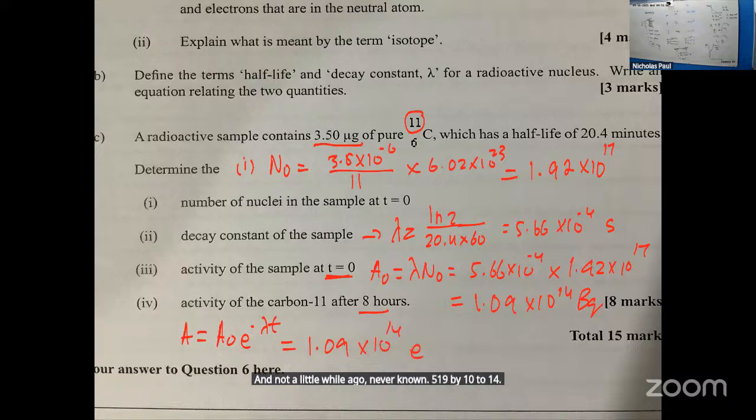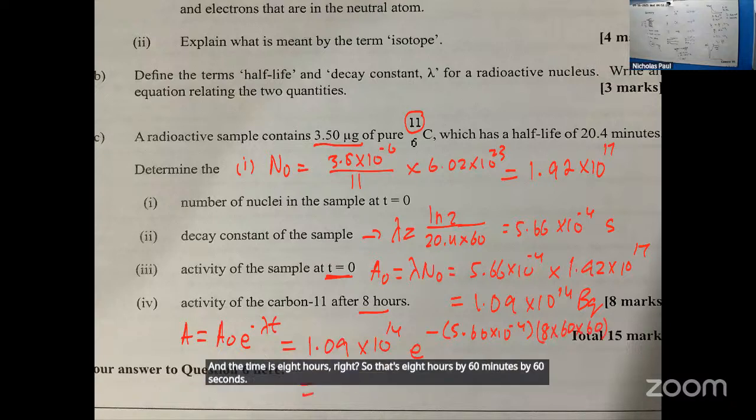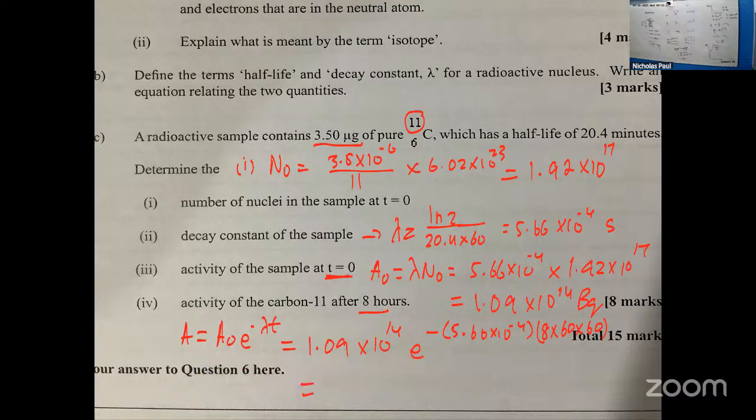Lambda is 5.66 by 10 to the minus 4, and the time is 8 hours, so that's 8 hours by 60 minutes by 60 seconds. Of course, it should be a smaller value than part 3, right?